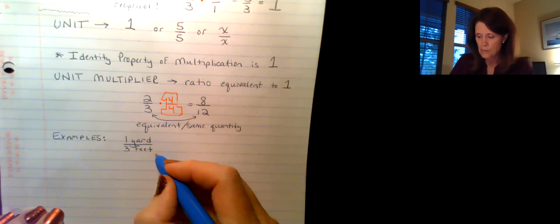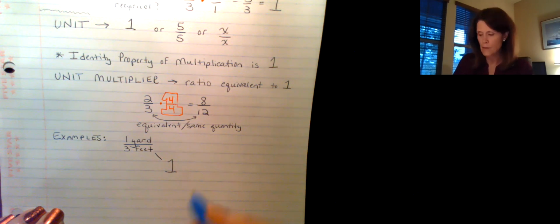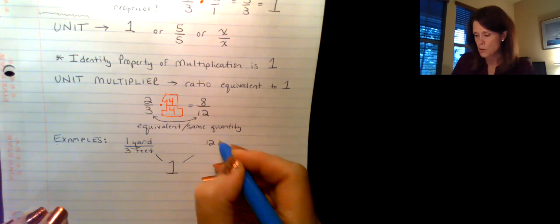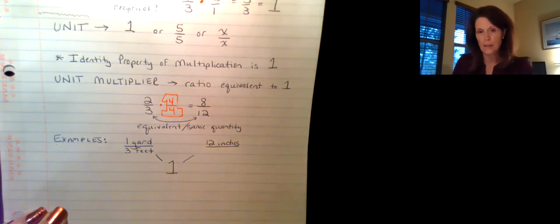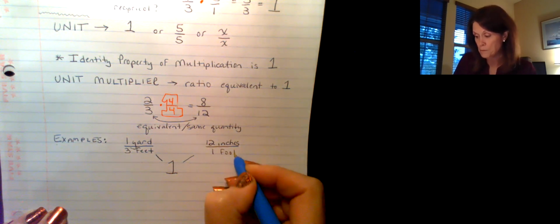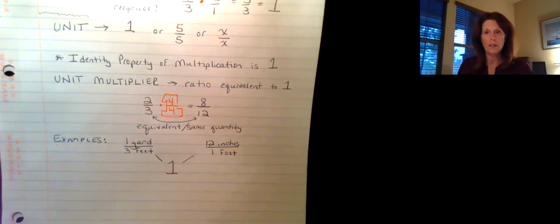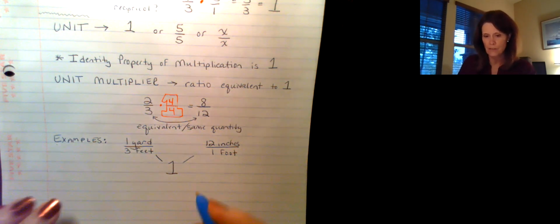Okay, so equal to 1. Right? How about 12 inches? Equal to 1 foot. So we have 12 over 1 is a unit multiplier. It's equivalent to 1 because we're talking about inches and feet.